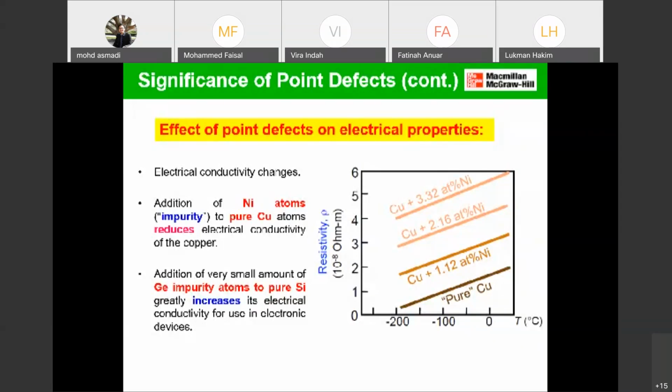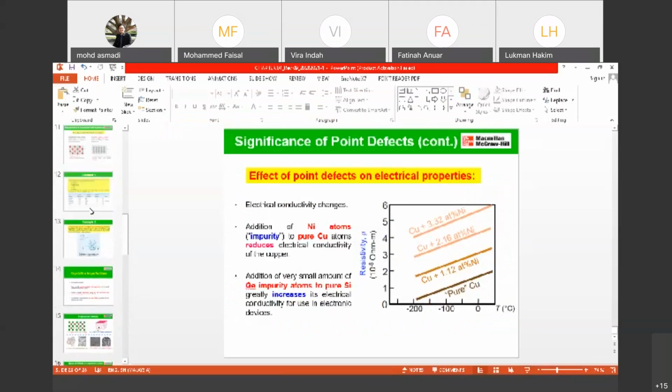What else is there about defects or crystalline imperfections?